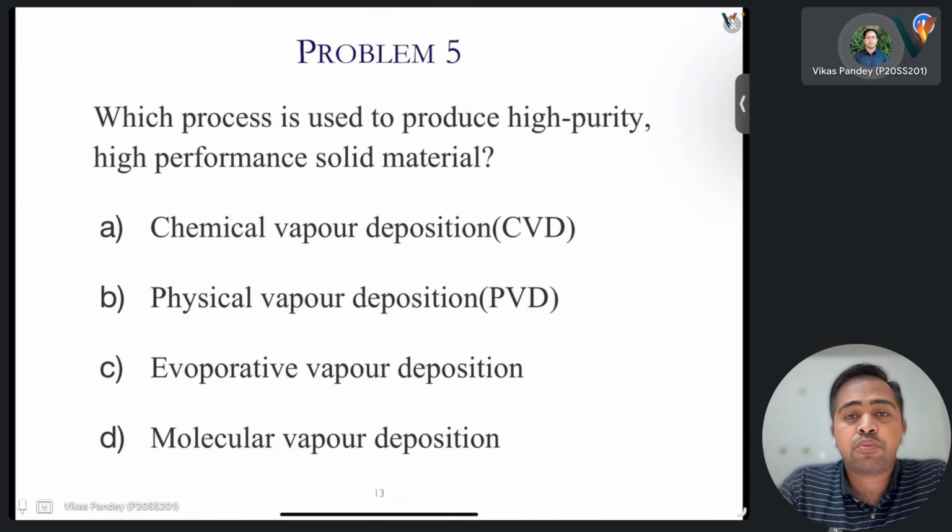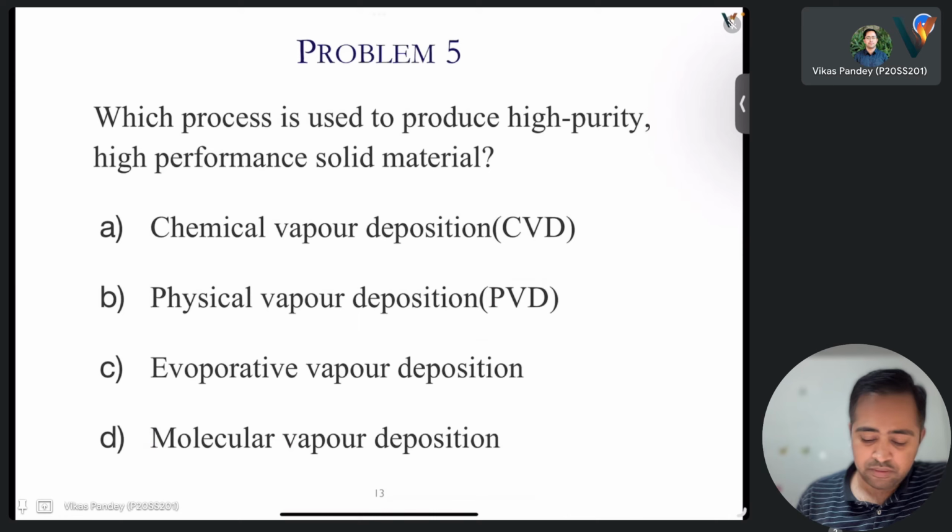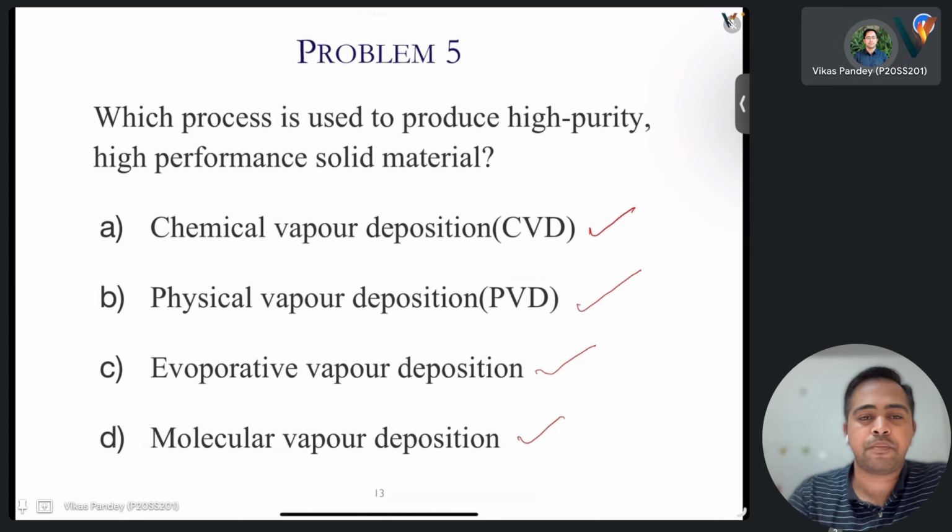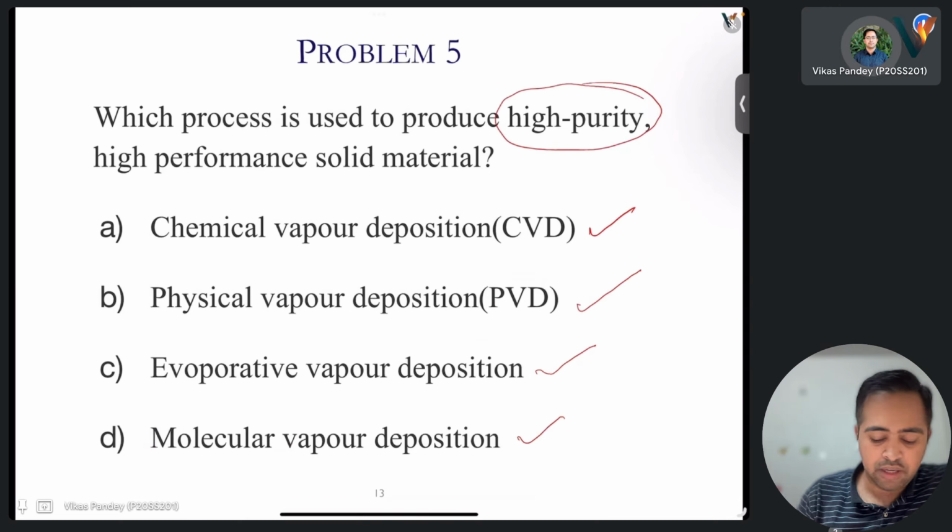Which process is used to produce high purity, high performance solid material? Is it CVD? Is it PVD? Evaporative vapor deposition or molecular vapor deposition? It's high purity, high performance solid material.